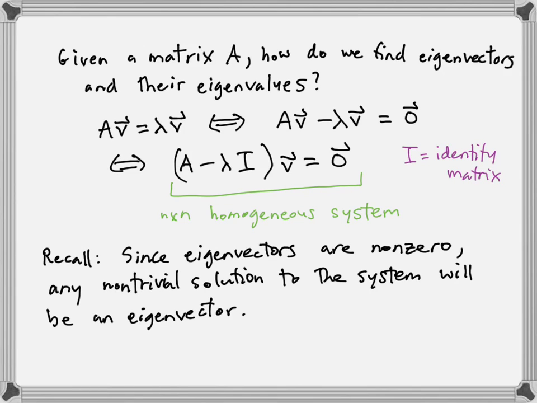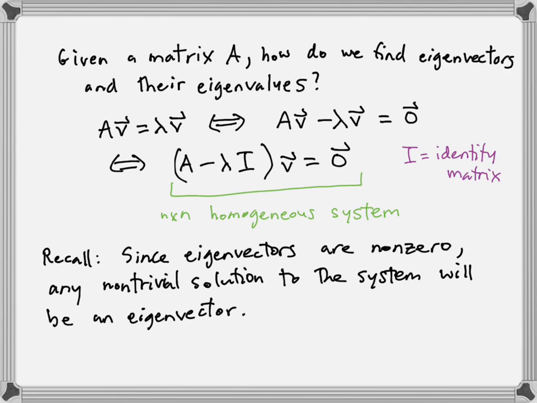So what's the danger here? Well, can a system like this have no solution? No, because the trivial solution always works. And so what we care about then are the non-trivial solutions. In other words, that can only happen if we have infinitely many solutions.